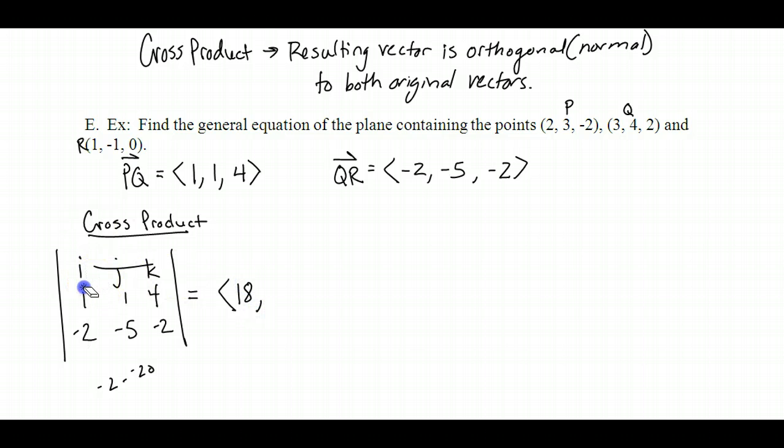Go to the next one and lightly cross these off. I have negative 2 minus a negative 8, and that will give me 6. I think that's right. On my work I have a negative 6. I screw up somewhere. I have a negative 2 minus a negative 8. That should be a positive 6, I believe.